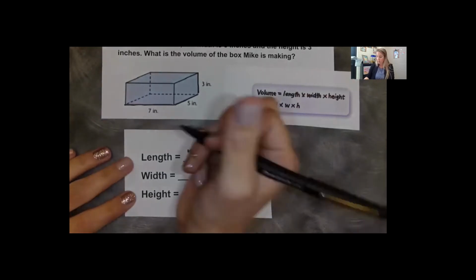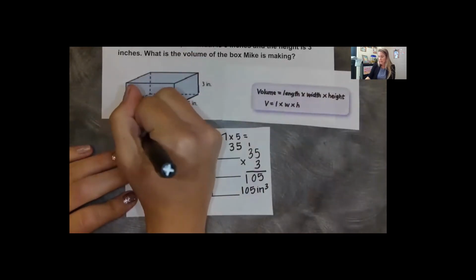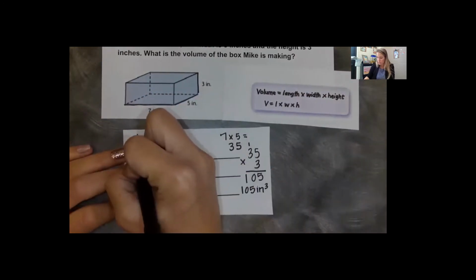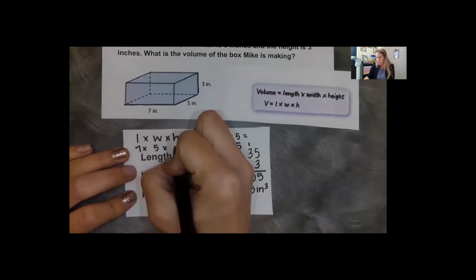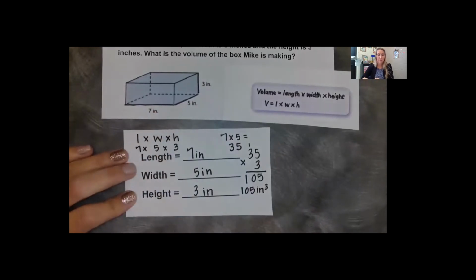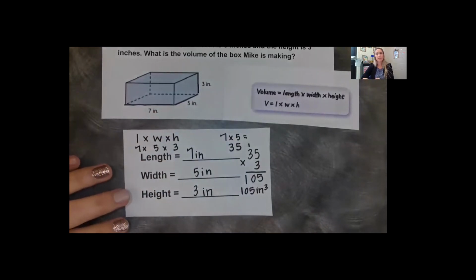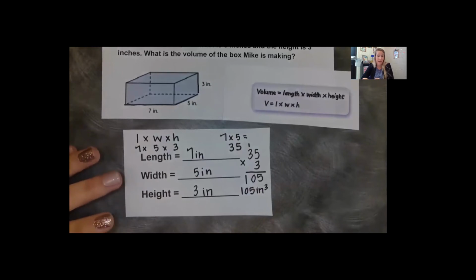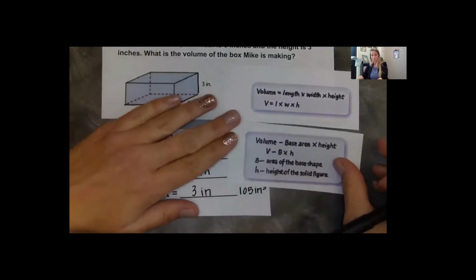So for this problem, we use the formula length times width times height, or 7 times 5 times 3. Fabulous work. Now, this is not the only formula we can use. Since we know that the length times the width is our base area, we could also use this formula.